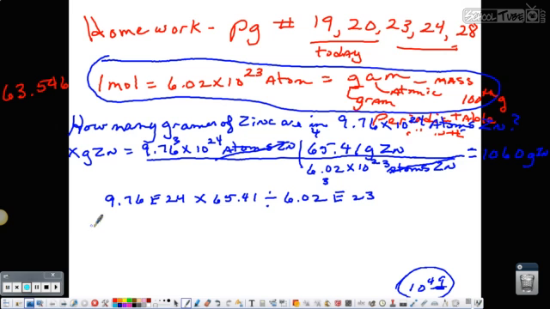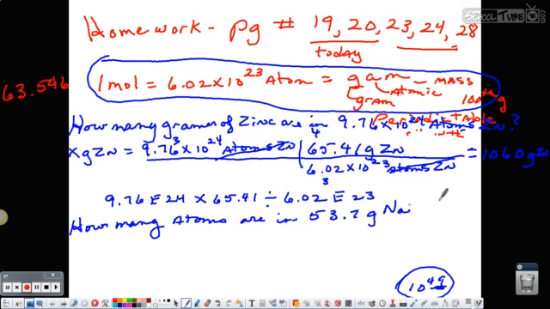Alright, the last one is how many atoms are in 53.7 grams of sodium, Na. What are you looking for? X atoms sodium, equal, what do you know? 53.7 grams sodium.